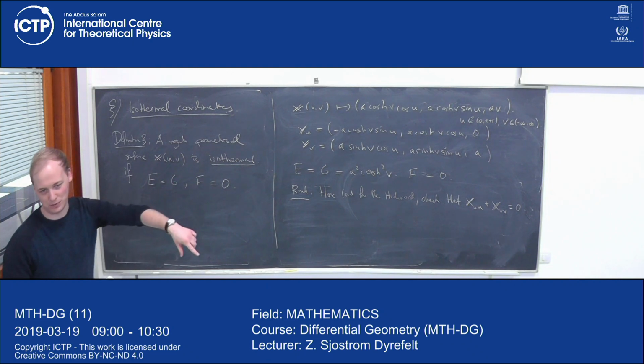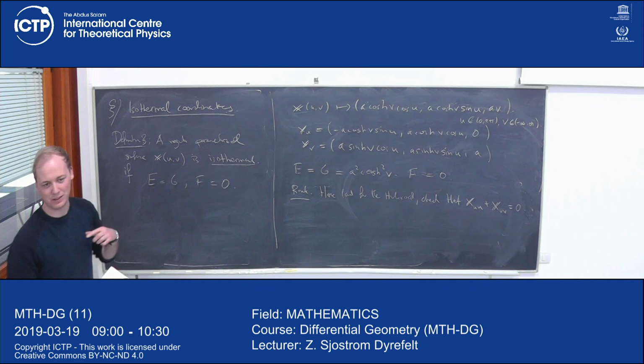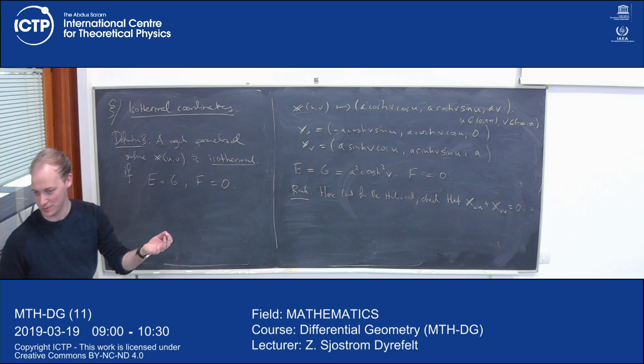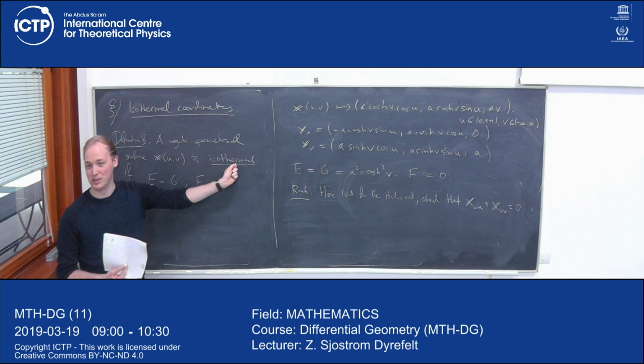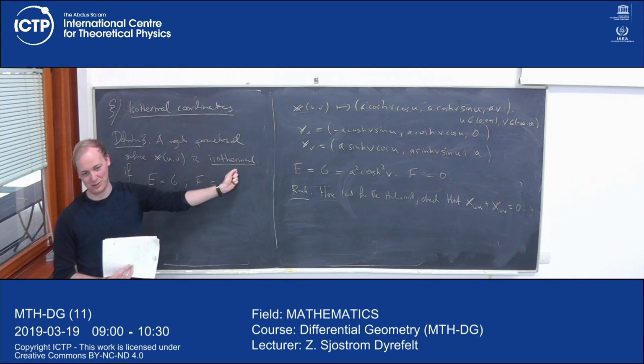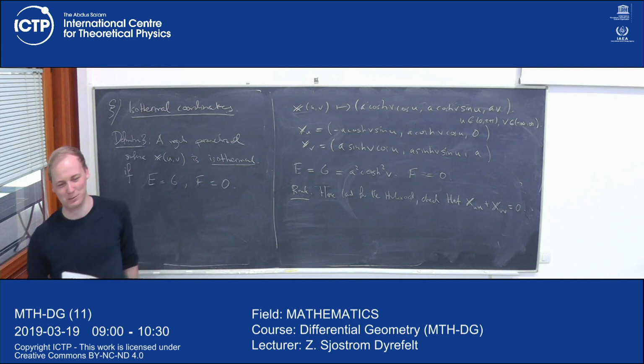If you were a physicist, the first thing that would come to mind is that these are the level curves of the solution of the heat equation, the solutions along which the temperature is constant. Iso means same, as in isomorphism, same shape, and thermal means temperature. So same temperature. These are the level curves of solutions to the heat equation. This is why it's called isothermal.